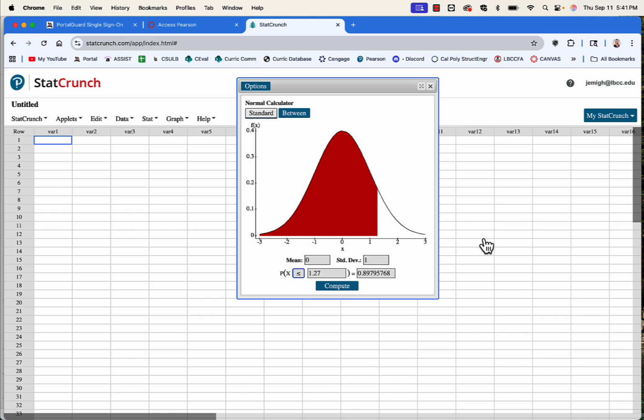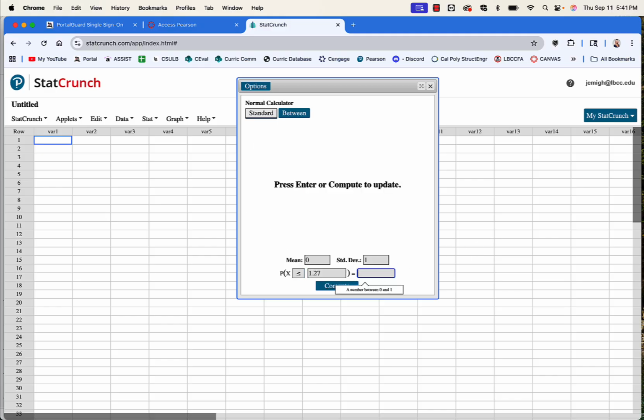Okay, we've reopened StatCrunch. Now please take my advice on this. Clear out all of the old stuff. All of it, okay? Well, the 0 and 1 are going to stay because we're still in standard normal, but make sure you clear out both of these cells, and trust me on this.